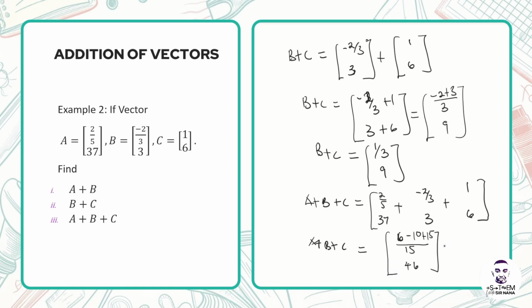So let's perform the simplification for the top. 6 minus 10 gives us negative 4, and negative 4 plus 15 gives us 11. So you have 11 over 15 for the top, and 46 for the y coordinate.